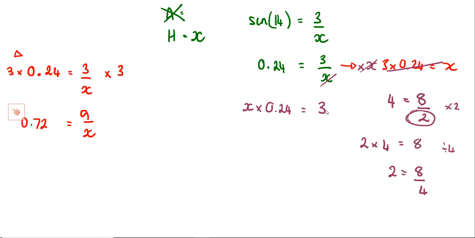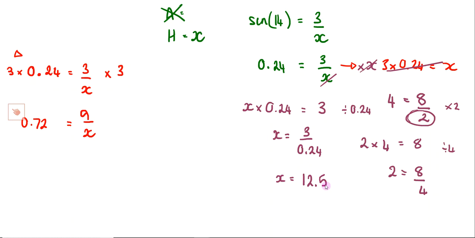So I can see it from here. That makes sense. That must be true. Now what's the next stage? Divide by 0.24 and I get x equals 3 divided by 0.24. So that gives me what? 12.5?